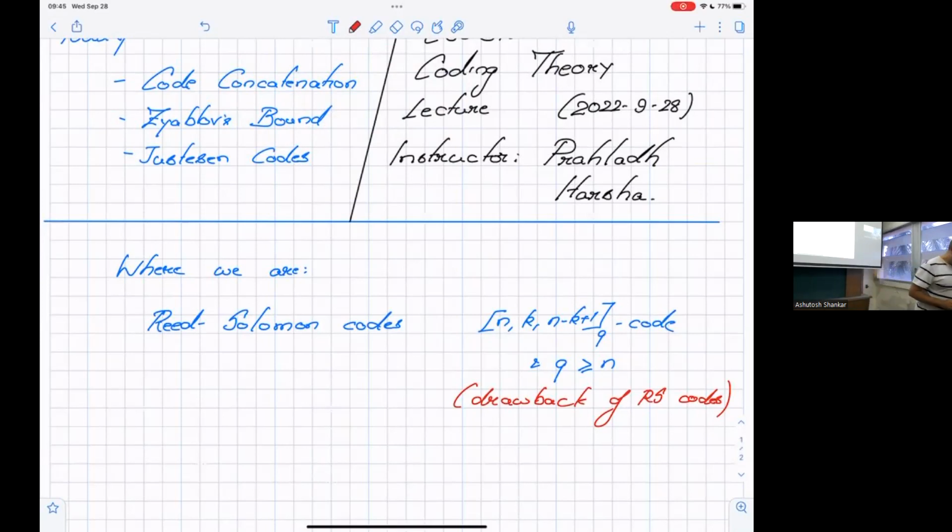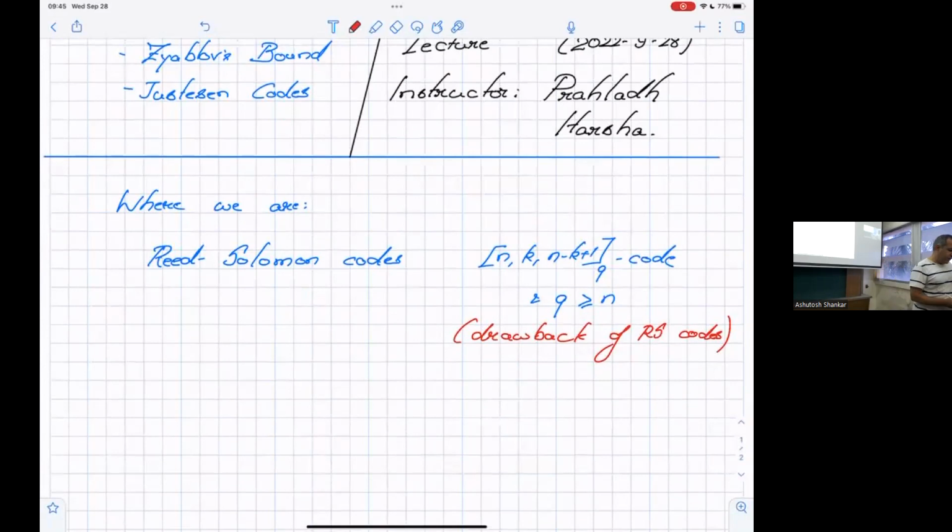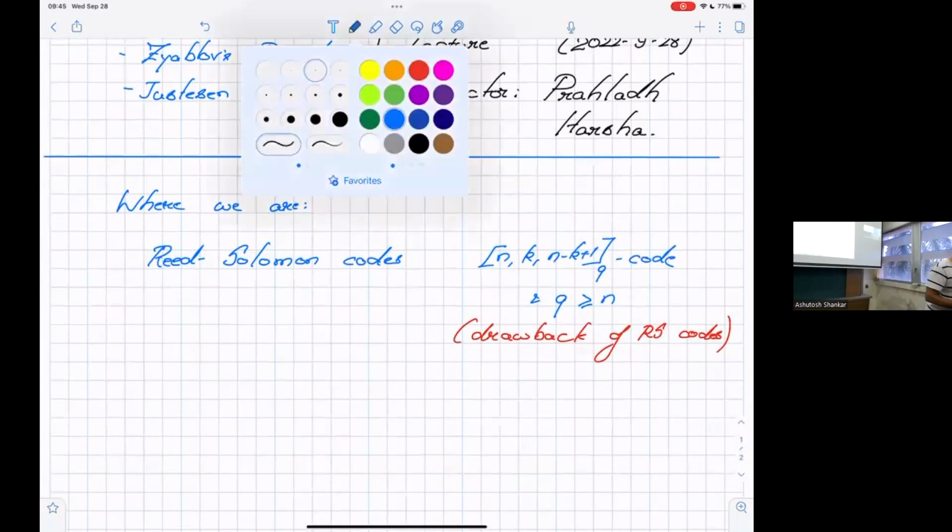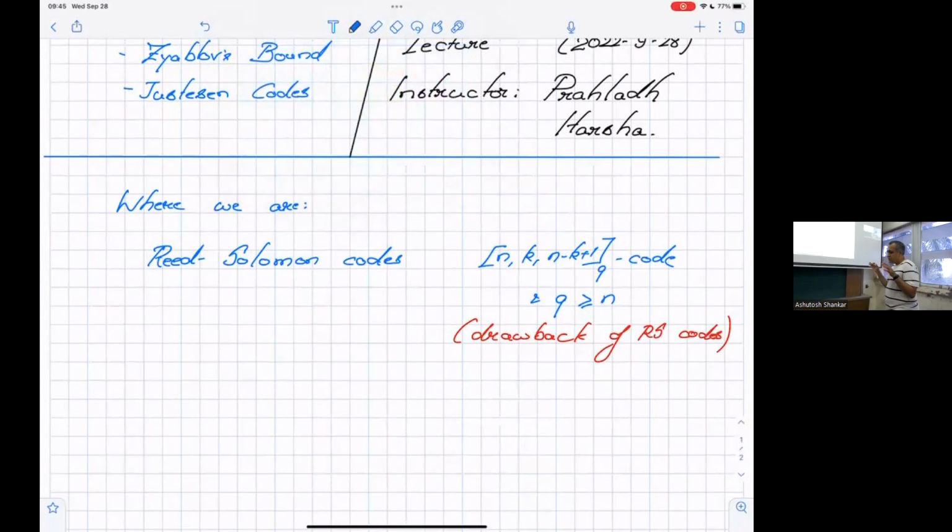So let's look at a specific instantiation of the Reed-Solomon code, because what's the goal of this lecture? I have this code with an amazing distance and rate, but over a large alphabet. Our goal is to now reduce the alphabet and come down to the Boolean alphabet. So what can we do with this? Just to make things simpler, let's assume the field is actually some F_{2^t}. And the set of evaluation points is F itself, the entire set.